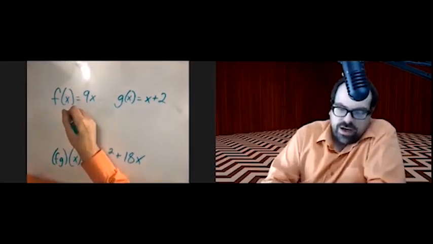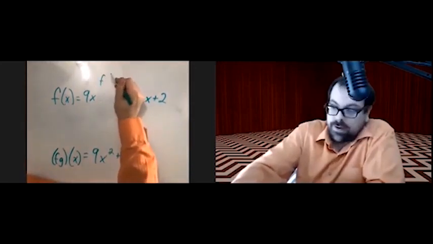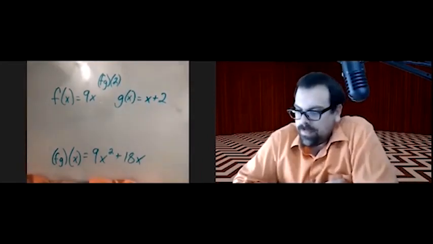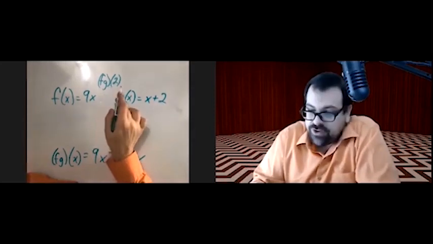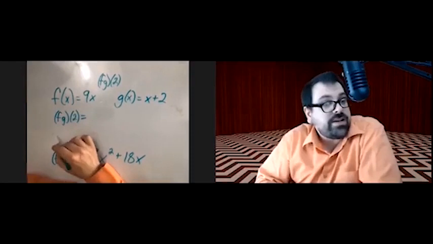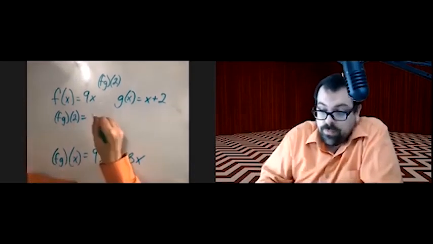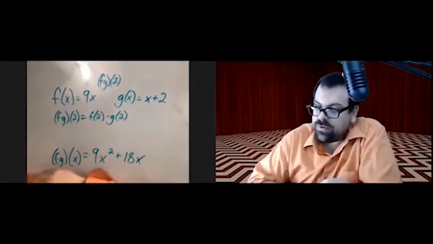Let's say we wanted to find fg of 2. Well, one way to do this, just like fg of x is f of x times g of x, fg of 2 would be f of 2 times g of 2.